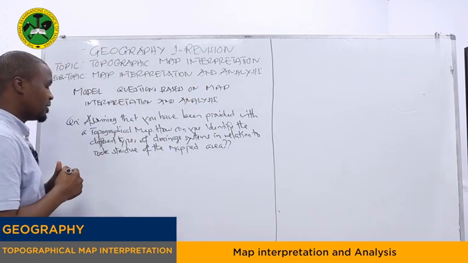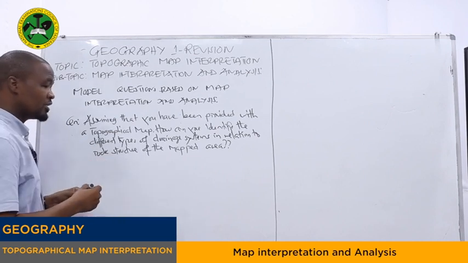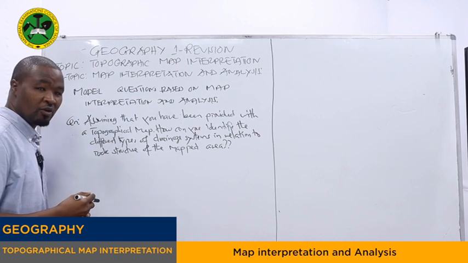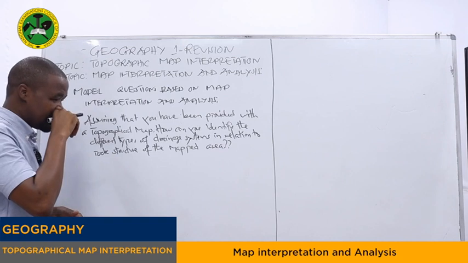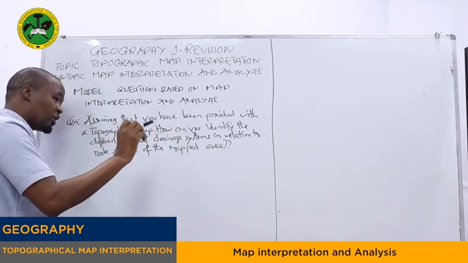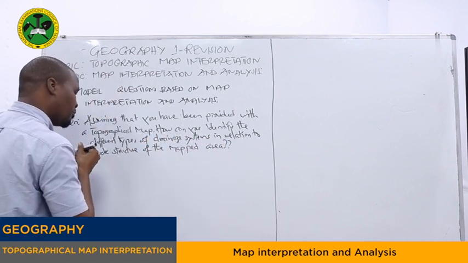Assume that you have been provided with a topographical map. How can you identify different types of drainage system in relation to rock structure of the mapped area? So let us see what are the key needs of the question. We are assuming that we have been provided with the topographical map. Then how can you identify different types of drainage system?